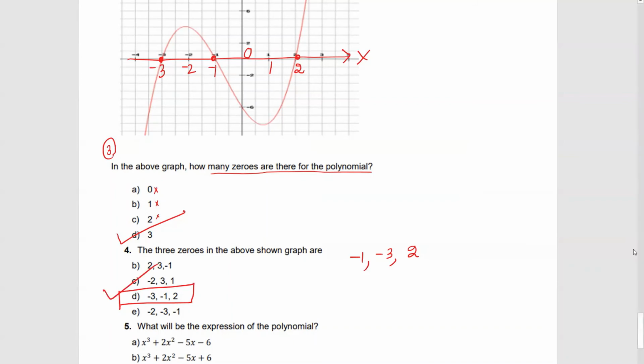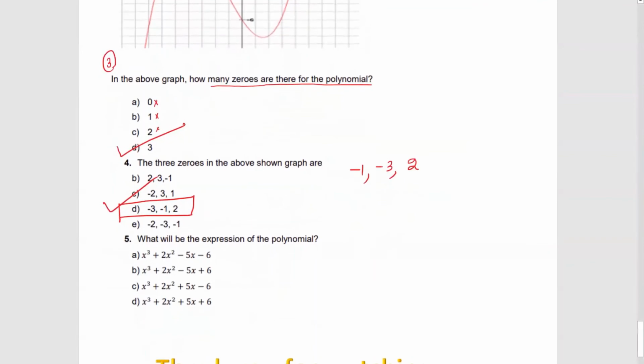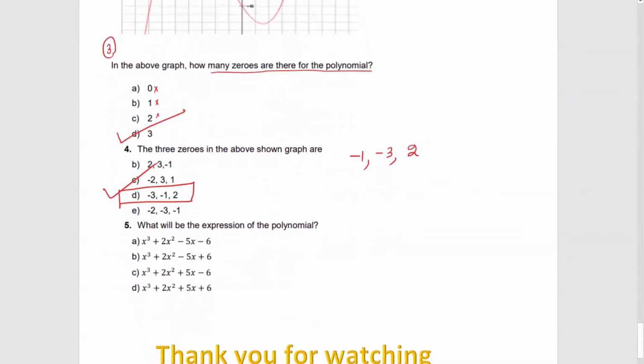Next is question number 5. What will be the expression for the polynomial? This polynomial means which has these zeros.